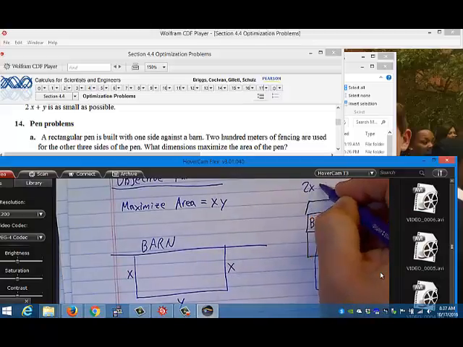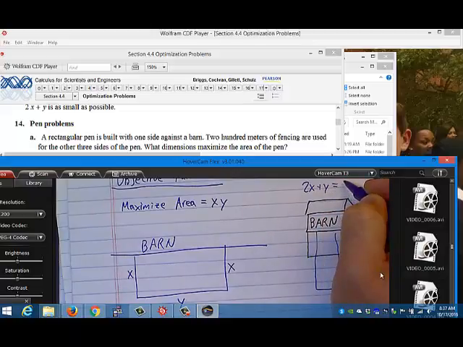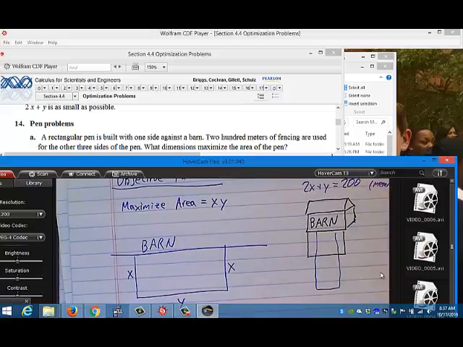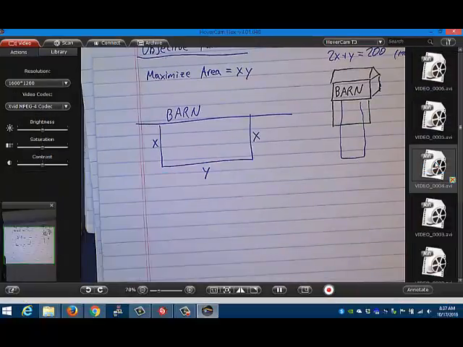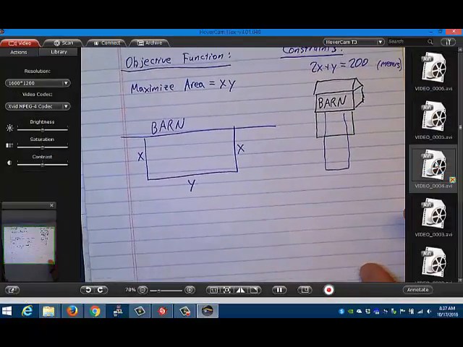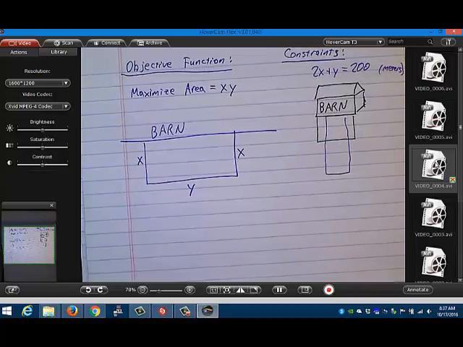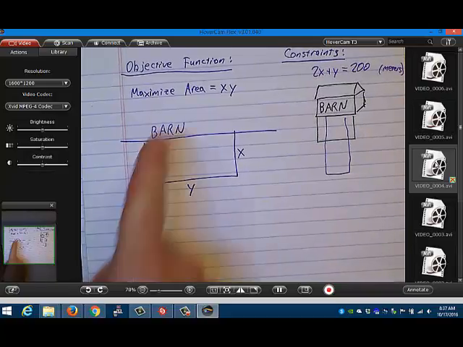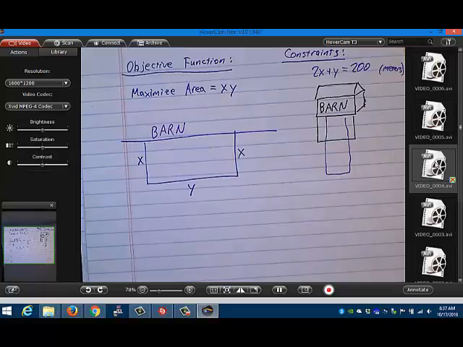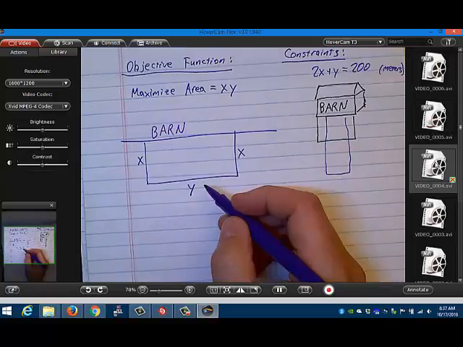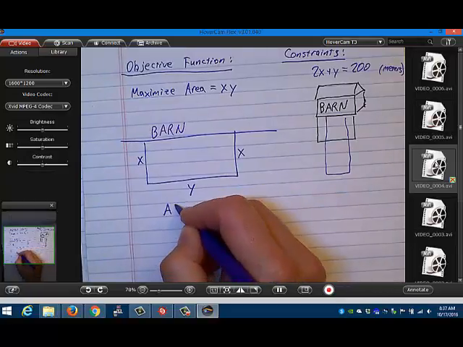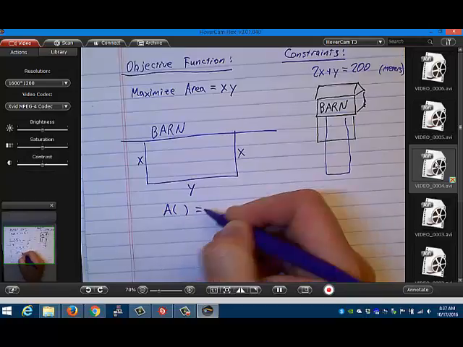So 2X plus Y has to equal 200 meters. At this point I'm ready to go. What's the next step? We'd like to write area not just like this, but as a single function of just one variable.